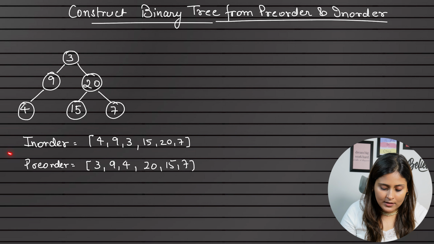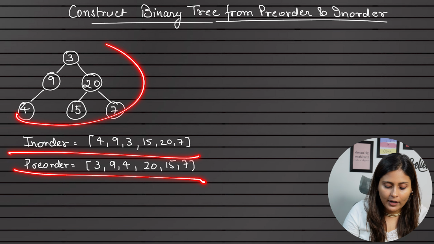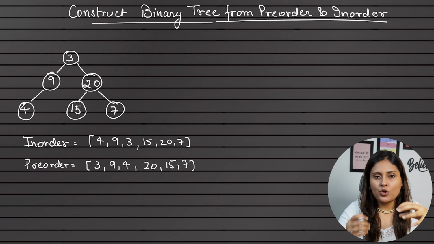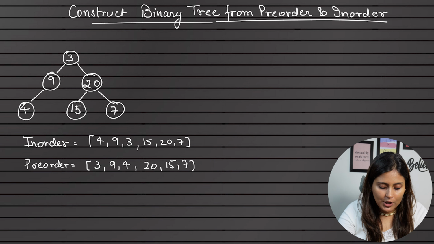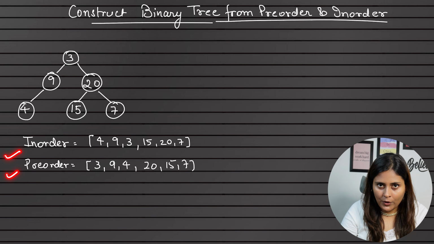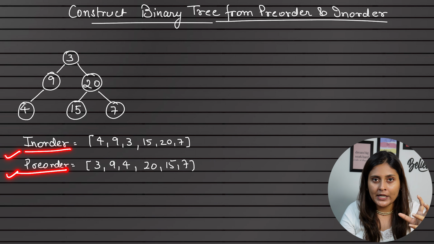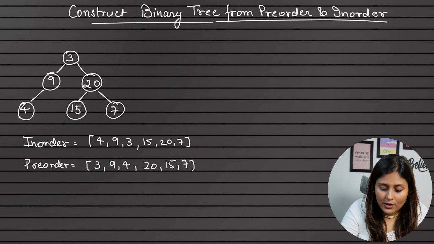Okay, so here in this question we will be given the in-order and pre-order traversal and we have to construct the tree basically. Okay, so we all know that to create the whole tree, first we should get the root of the binary tree. But from the in-order or pre-order, we have to use these two order traversals to create the whole tree. So what do you think, where in the in-order, we cannot say where the root will be, because how do we write in-order traversal?